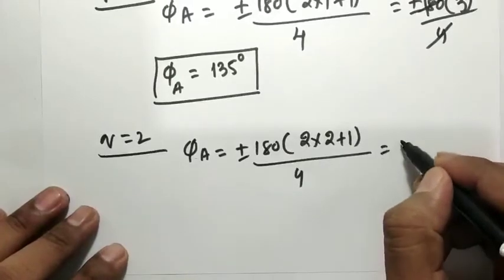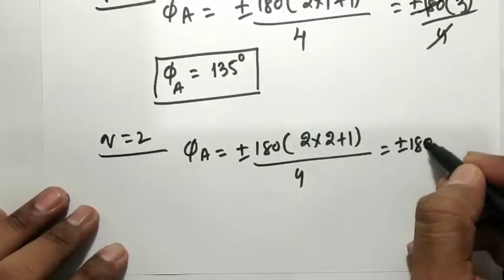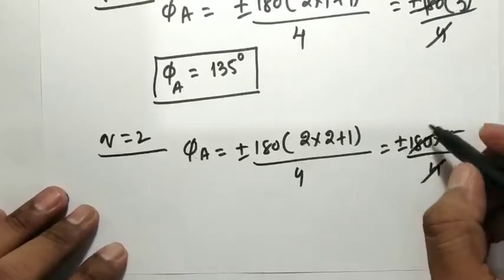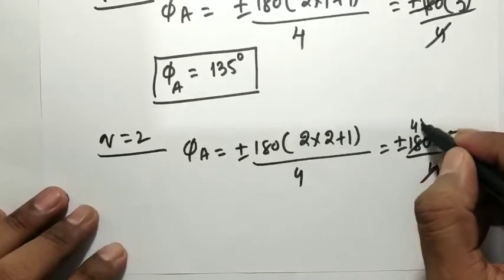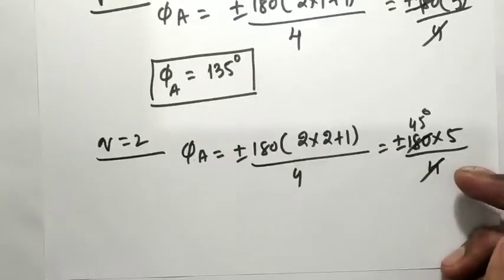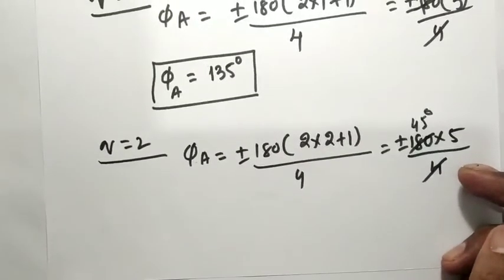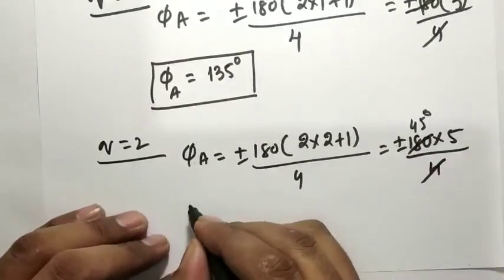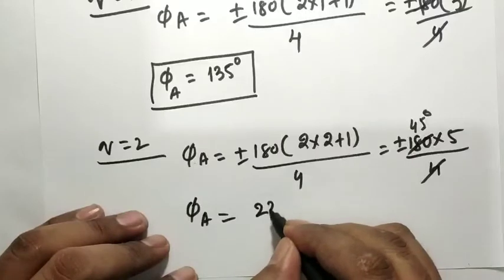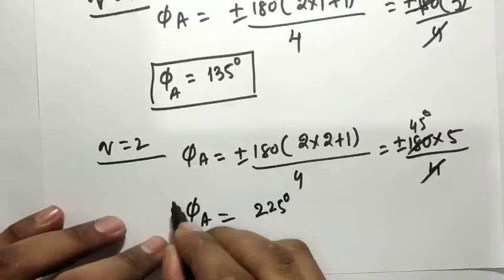So plus or minus 180 into 5 by 4. This is 45 degrees into 5, so you get 225 degrees. So φa is equal to 225 degrees.